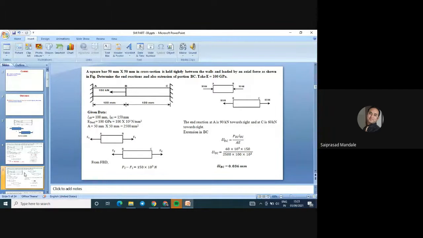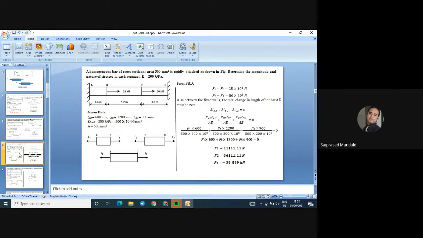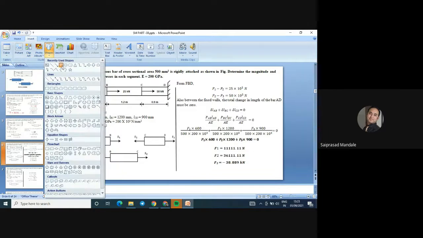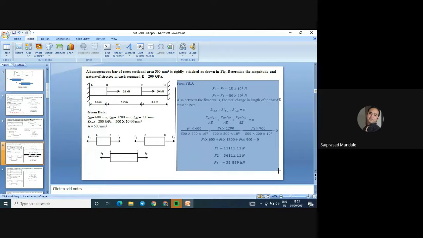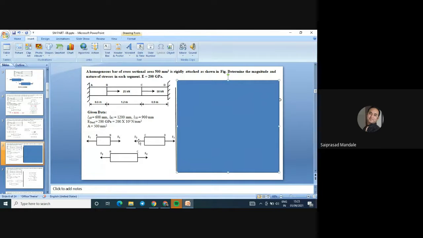Now that is the simplest numerical. Those who understood this numerical can solve this one. Let me hide something.